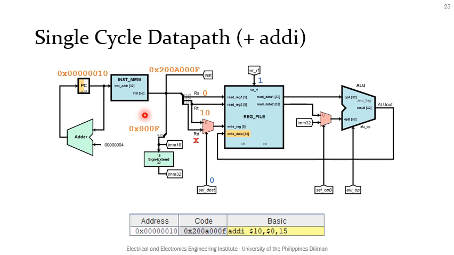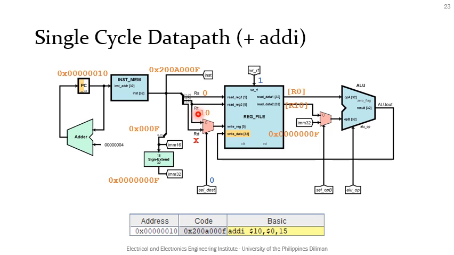In this example, the immediate 15, or F in hexadecimal, will be sign extended to 32 bits and appear at the output of the multiplexer for operand B. After some delay, the contents of RS and RT will be fetched, and appear as read data 1 and read data 2.